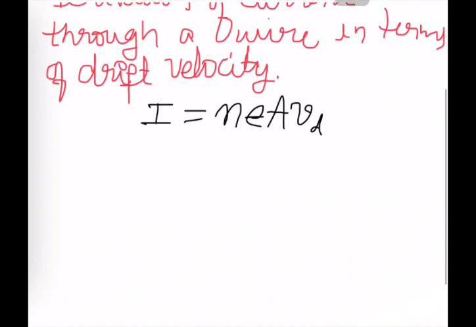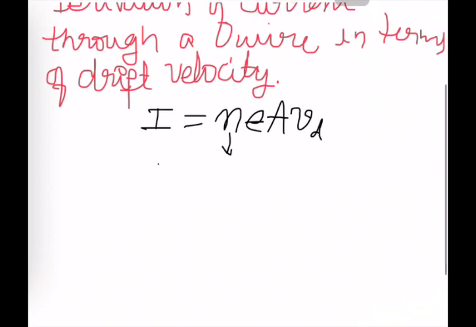where N is a constant called the number of electrons per unit volume. What does N stand for? Number of electrons per unit volume of the metal. Take a 1 cm cube of a metal or 1 meter cube of a metal, how many electrons are present in it? That is the number density of the electron.